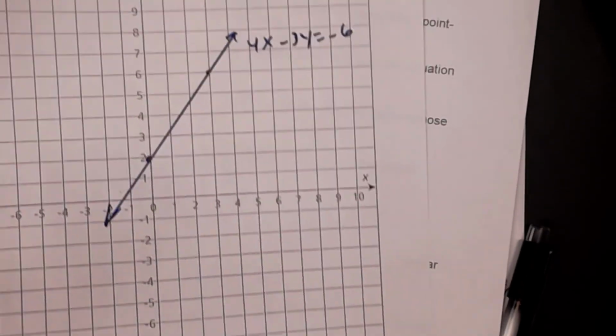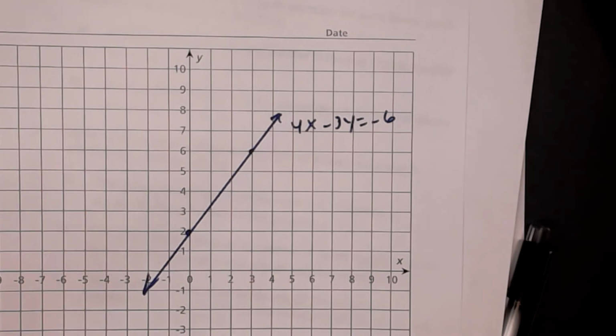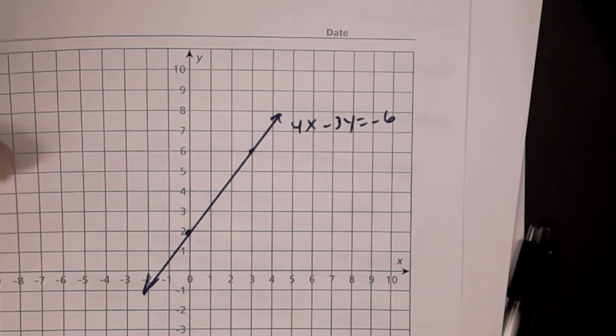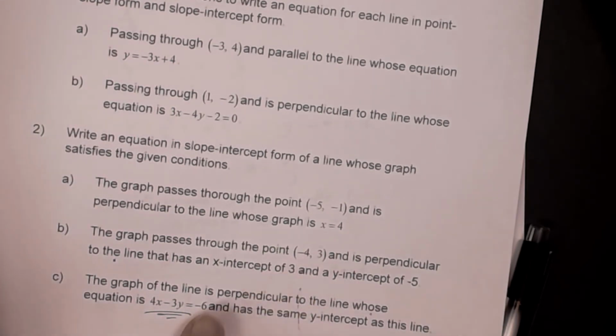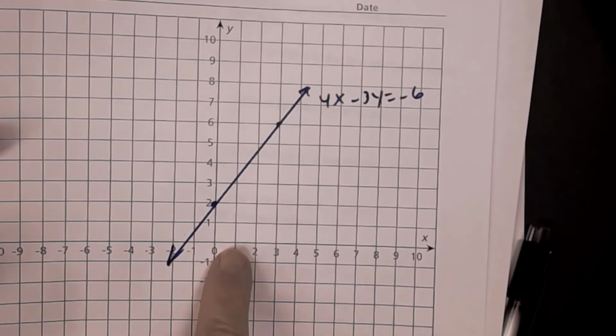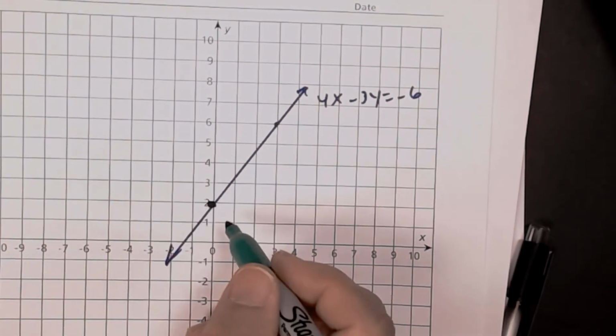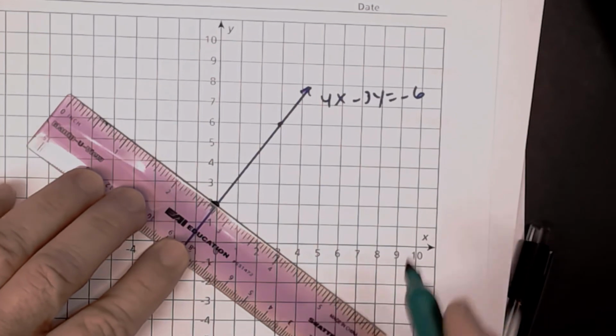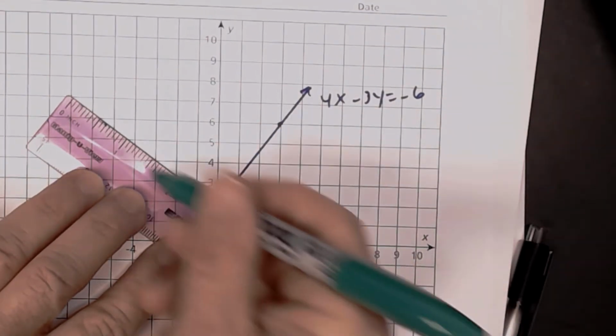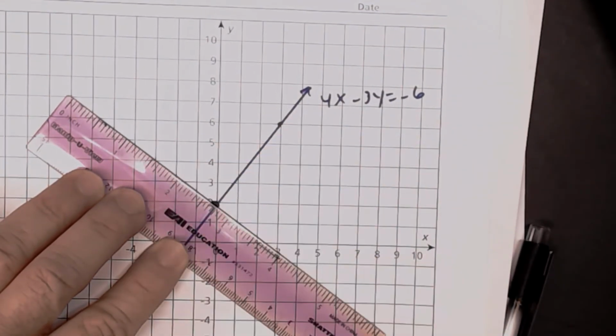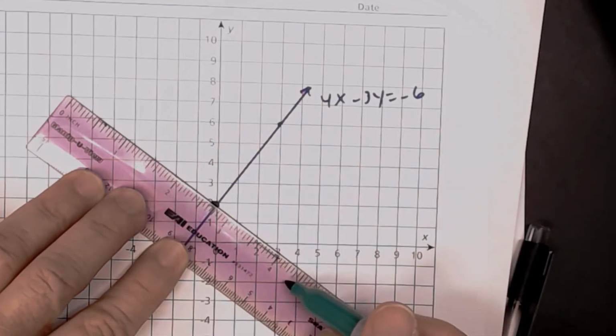But I'm interested in the line that has the same y-intercept but is perpendicular to this blue line. So here's my y-intercept, the same one, right? And it's perpendicular. So I'm interested in this line right here. Okay? That's what I'm interested in.